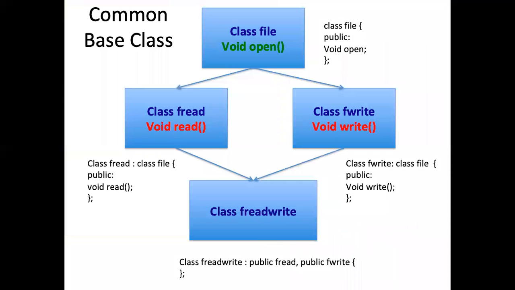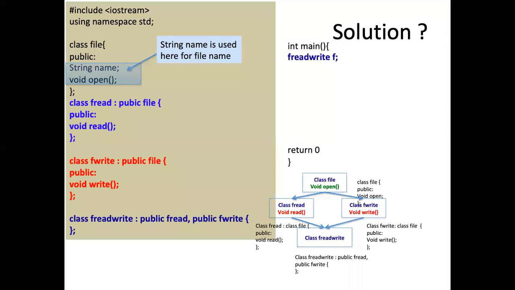Here is the same piece of code that we have written in this particular case. The same diamond structure has been implemented. You have class file, which is the common base class. Then you have fread which inherits from file, fwrite which inherits from file, and freadWrite which inherits from fread and fwrite.